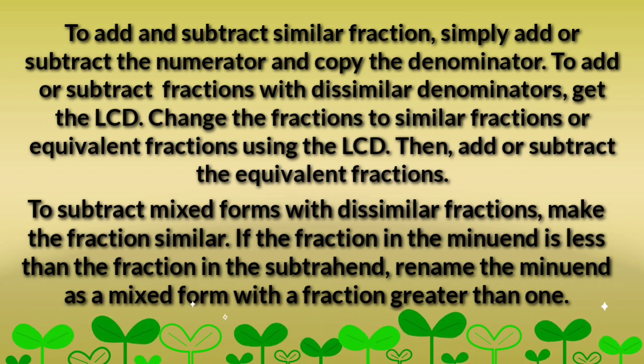Then, add or subtract the equivalent fractions. To subtract mixed forms with dissimilar fractions, make the fractions similar. If the fraction in the minuend is less than the fraction in the subtrahend, rename the minuend as a mixed form with a fraction greater than 1.